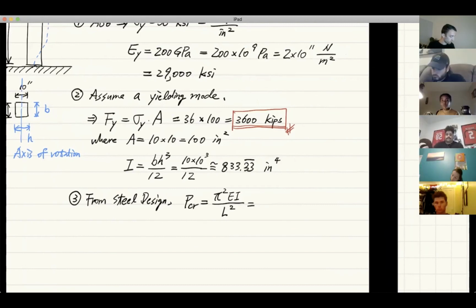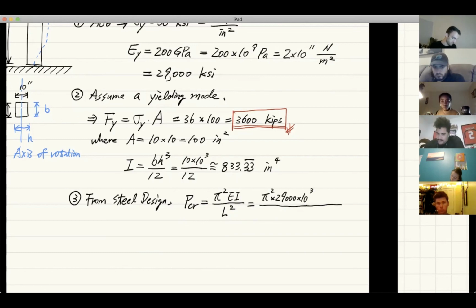If you plug in the numbers we have here, it becomes pi squared times the Young's modulus, which is 29,000 times 10 to 3.